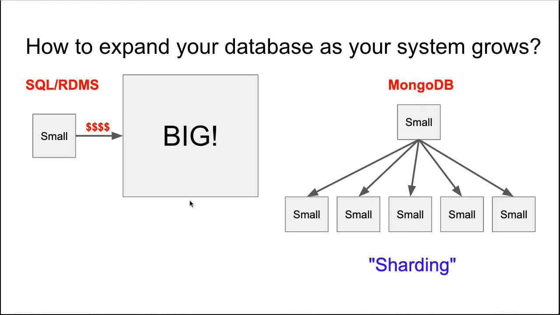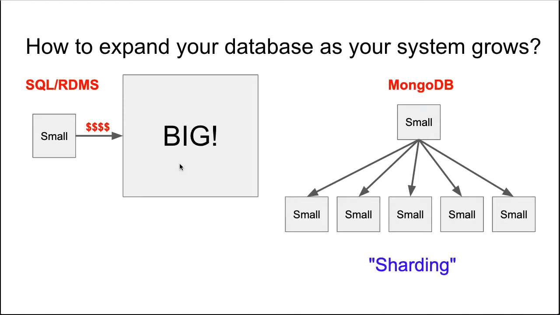So in a traditional database, in a relational database, you're basically going to need to take that server and make it into a really big server. You have one with small space, small memory, and you make it huge. And there's lots of ways to do this, right?